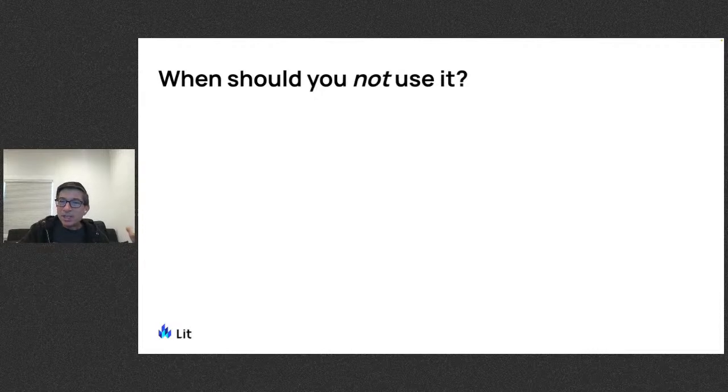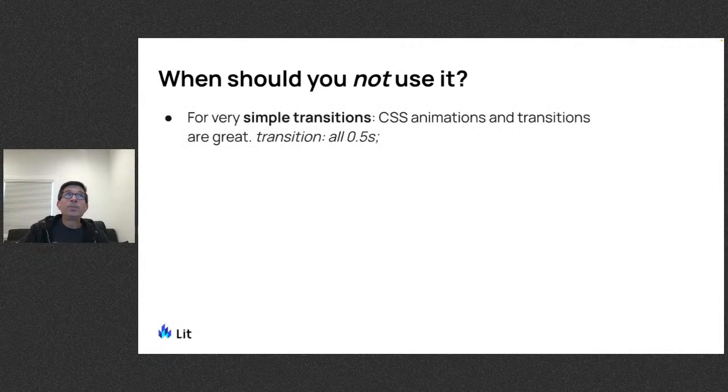Okay, when is it maybe not the right tool to use? This is just important to understand. CSS is great for animation, and transition is useful in a lot of cases. And again, the FLIP technique is awesome because it can animate basically any way that you do that rendering, whereas CSS transition can only handle CSS animatable properties.